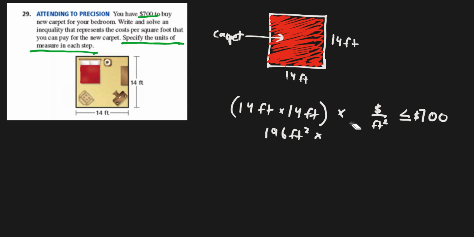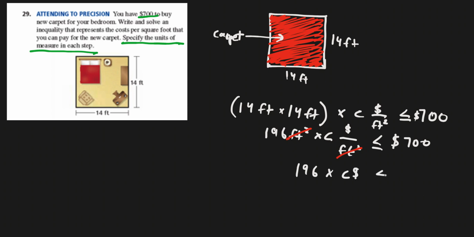I should just use C. C dollars per feet squared is less than or equal to $700. Now, we can see clearly that the feet squared are going to cancel, giving us just 196 times C dollars is less than or equal to $700.